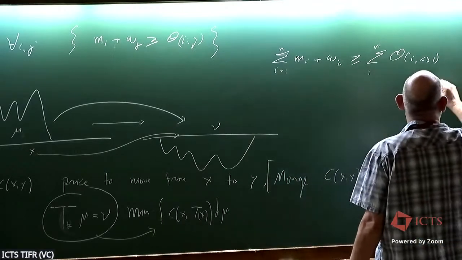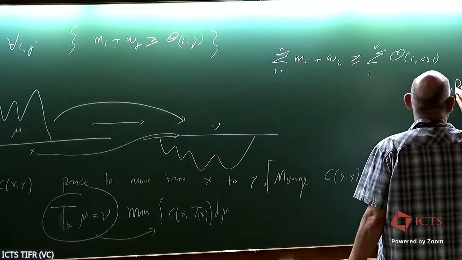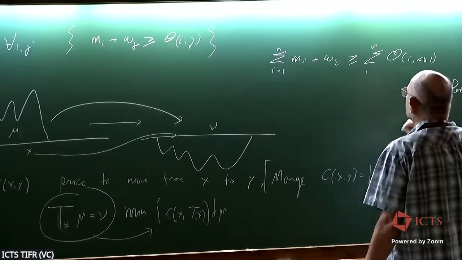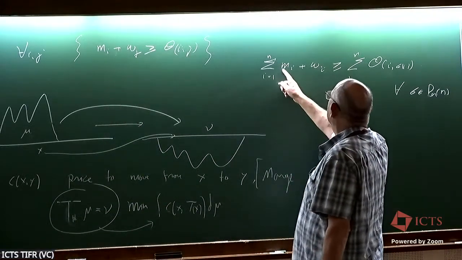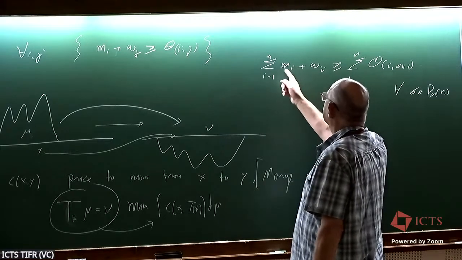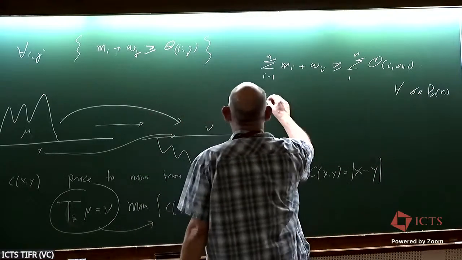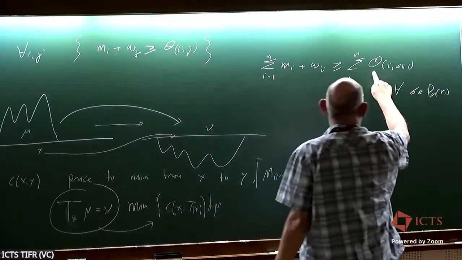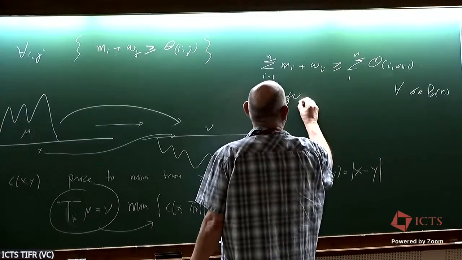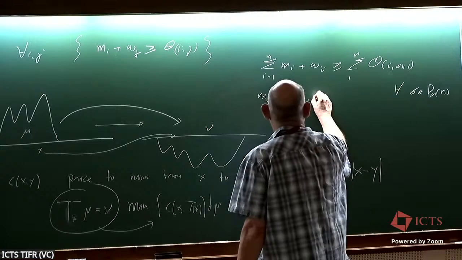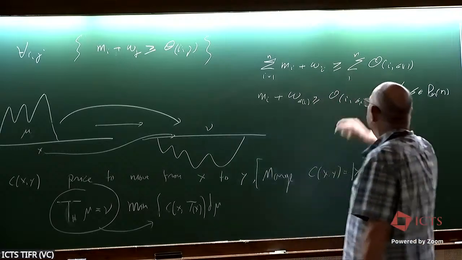This is for any permutation sigma. Well, this is very easy to see because of this condition, right? When we sum Mi plus Wj from 1 to n, we can sum them in any order we want. We will get the same sum. So because Mi plus Wj is bigger than theta ij, certainly Mi plus W sigma i will be bigger or equal than theta i sigma i. So we have this inequality.